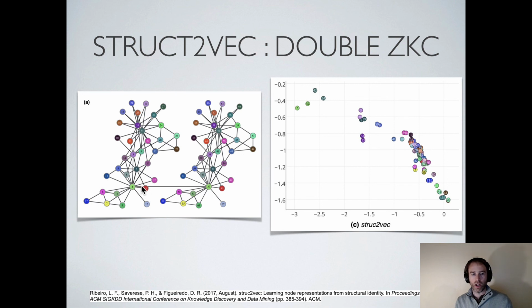And the objective is that now this node and this node should have a similar embedding in the whole graph because they occupy the same position. Same for this one and this one, and this one and this one, and so on and so forth.